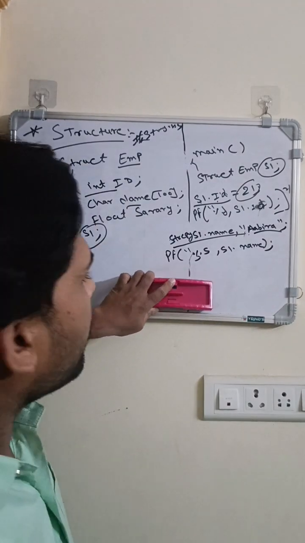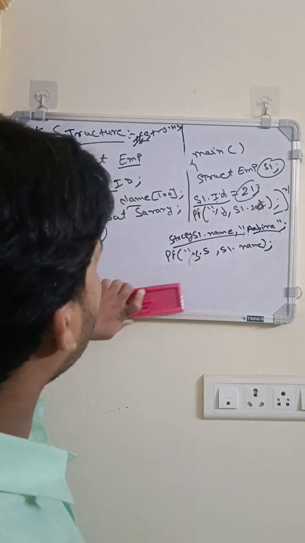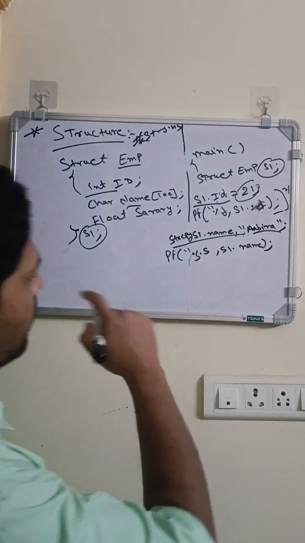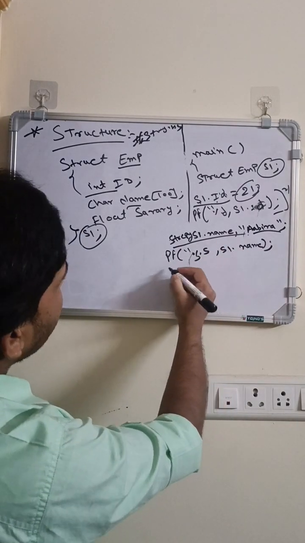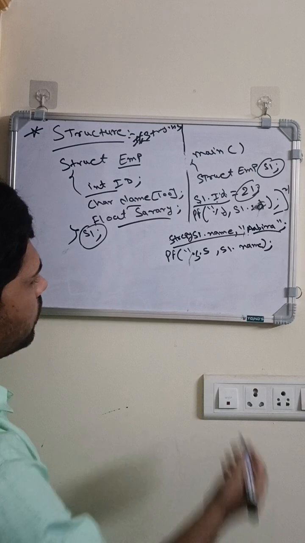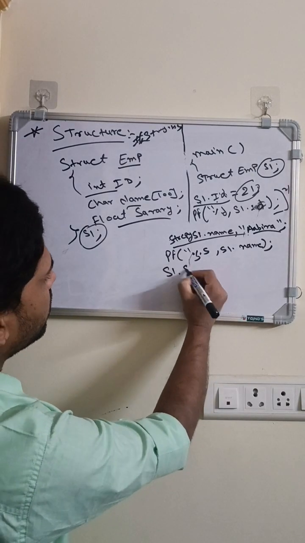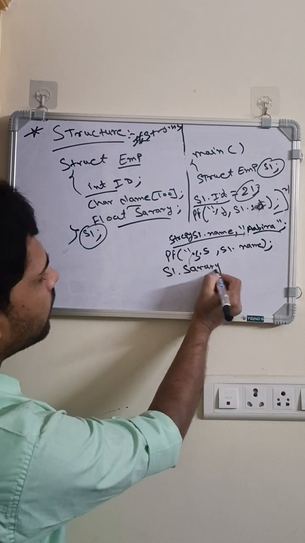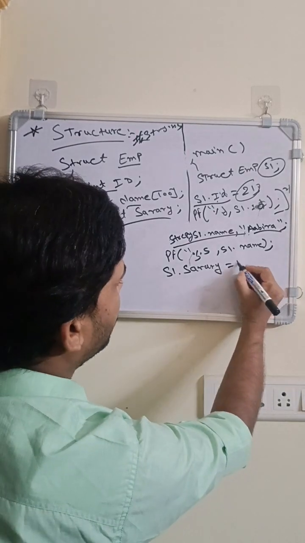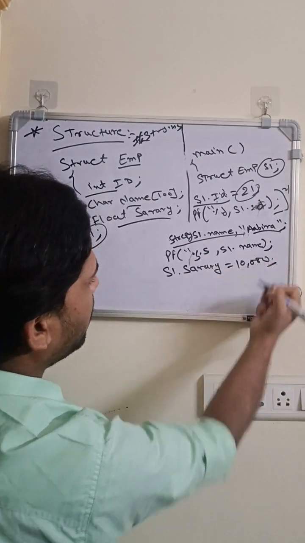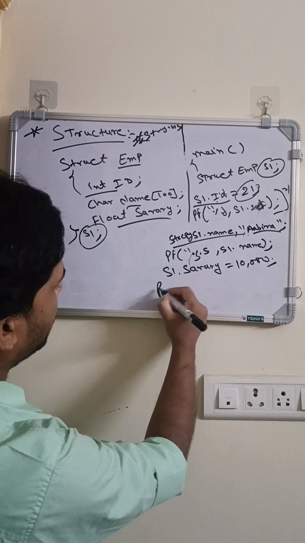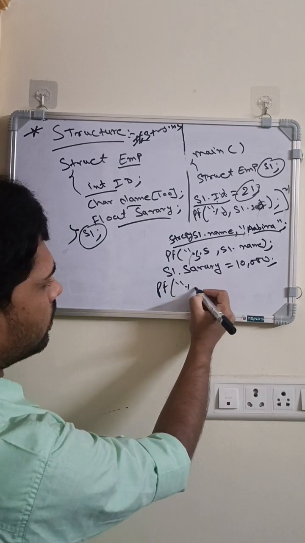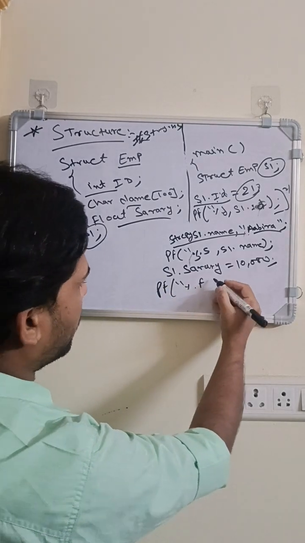We will see it in practical; I will show it in practical, this is just for understanding. Next we have to access the salary. Again the same thing, s1 dot salary, initialize salary as 10,000. Now again print, so we will go for float.